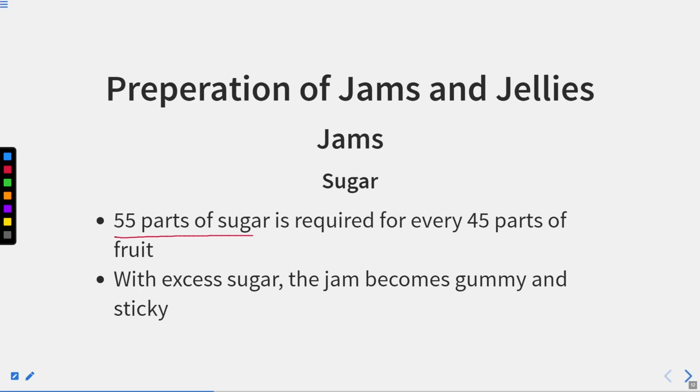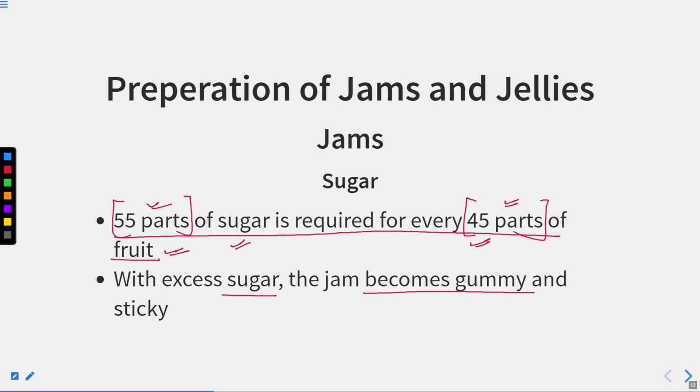55 parts of sugar is required for every 45 parts of fruit. So this is a general guide for the amount of sugar and the amount of fruit pulp required for preparing the jam, right? With excess of sugar, the jam becomes gummy and sticky, right?